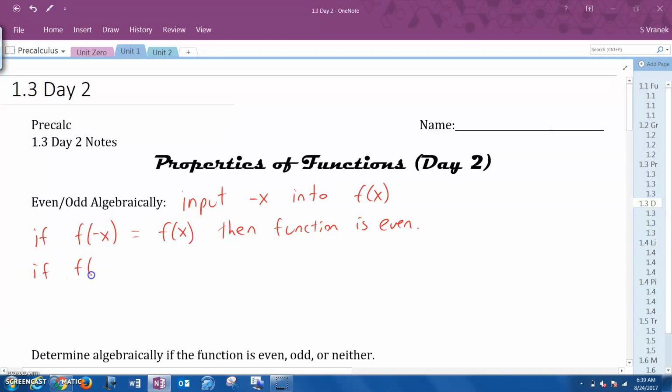If you input a negative x, but it changes the sign of all pieces of the function, so all of the function has changed signs, then the function's odd. Now, if you get half of them changed signs, half didn't, so if neither happen, then it's not even or odd.